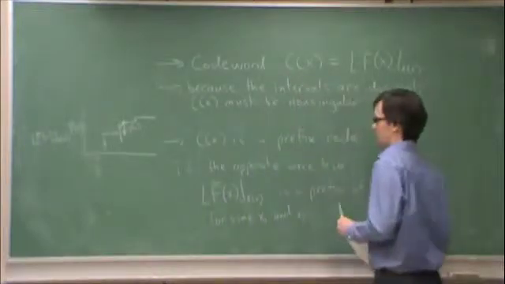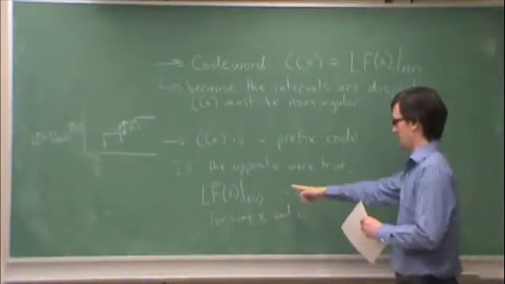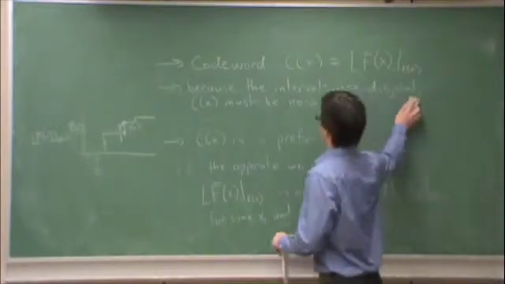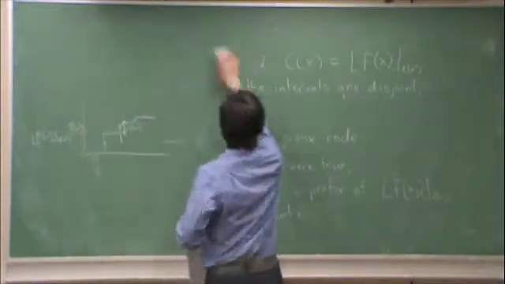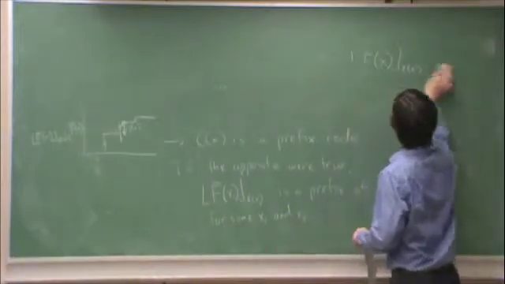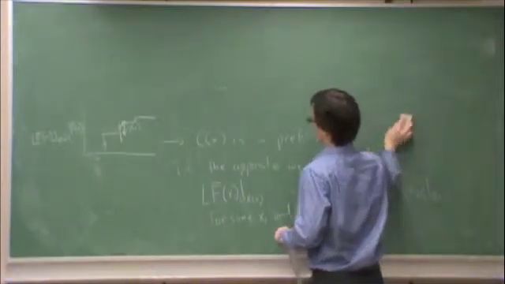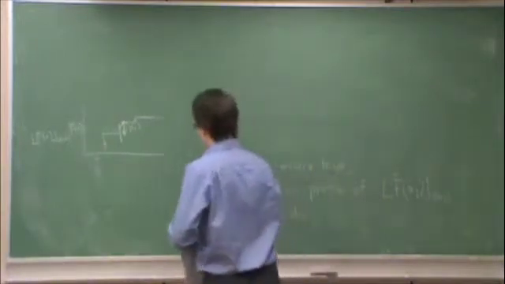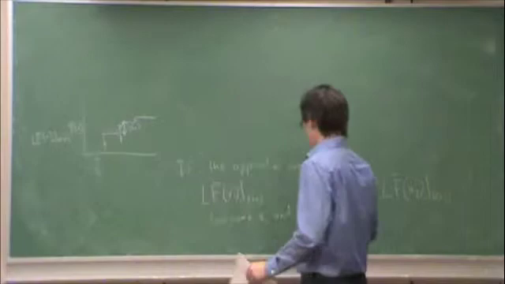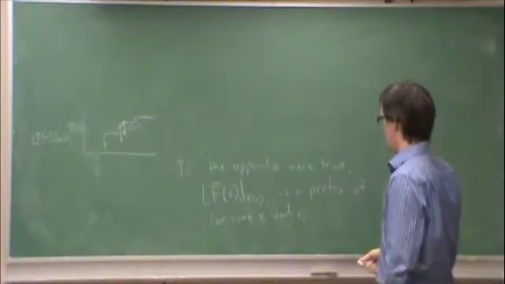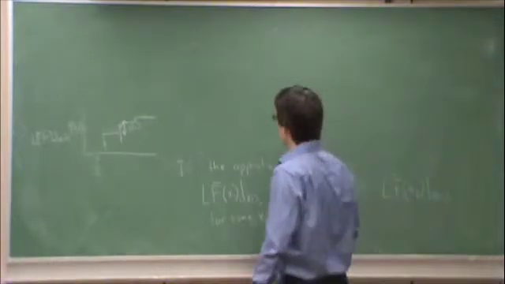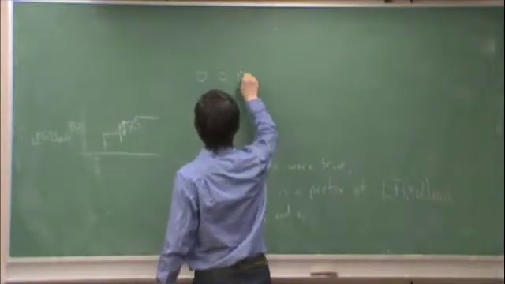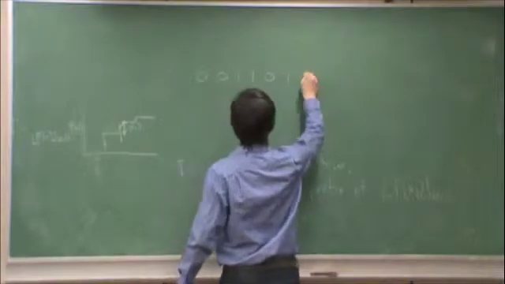What would it mean for two binary representations such as this to be prefixes of each other? Well, for example, let's say f bar x1 is 0.011010 or something.